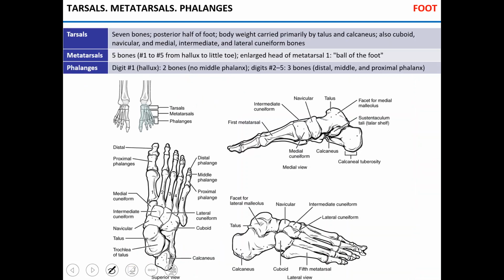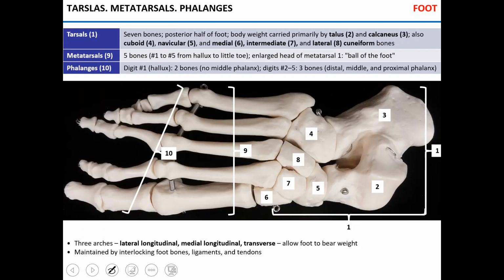Now lastly, tarsals, metatarsals, and phalanges. I'm going to skip the illustrated images here and move on to photographs right away. Those are tarsals. It's a really good picture here. This is the calcaneus. This is the talus.